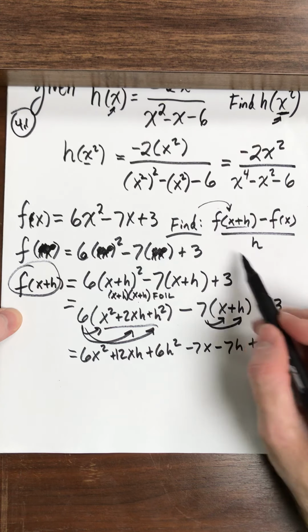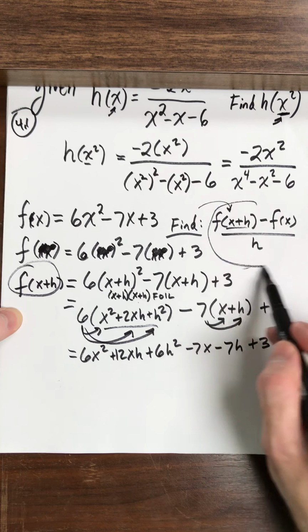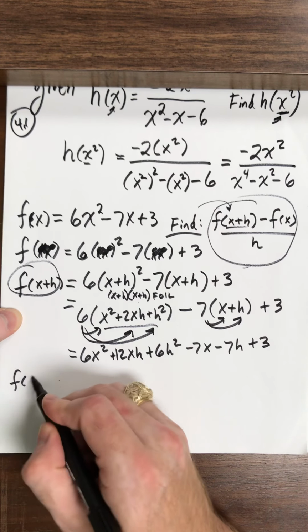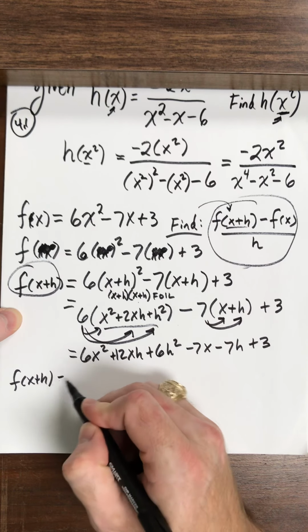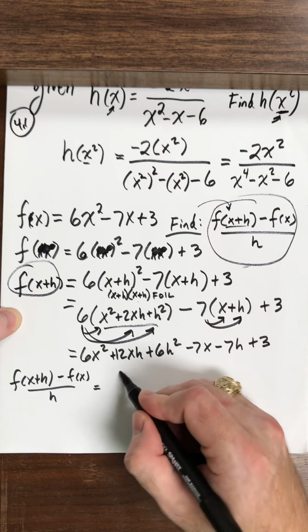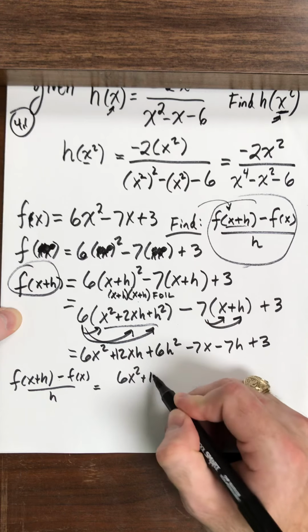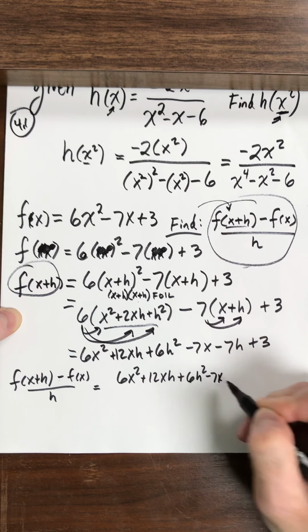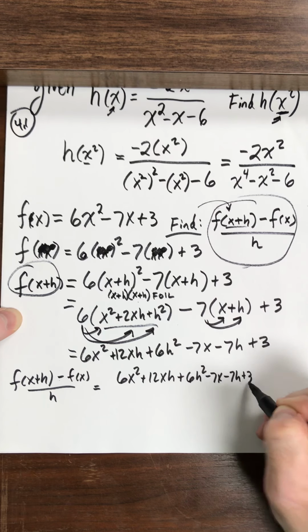I'm going to figure out this whole fraction thingy going on here. So I write it out. The f of x plus h minus all of f of x over h. So it's 6x squared plus 12xh plus 6h squared minus 7x minus 7h plus 3.